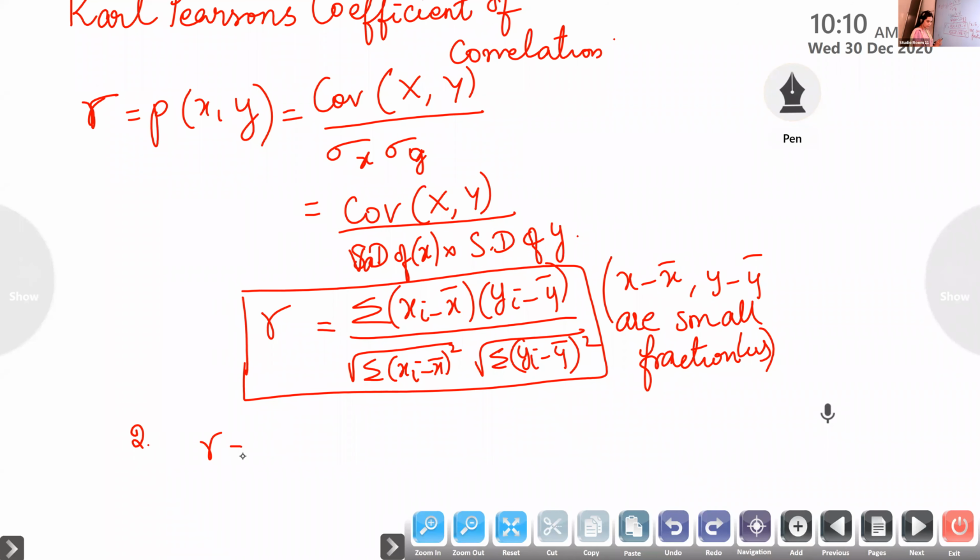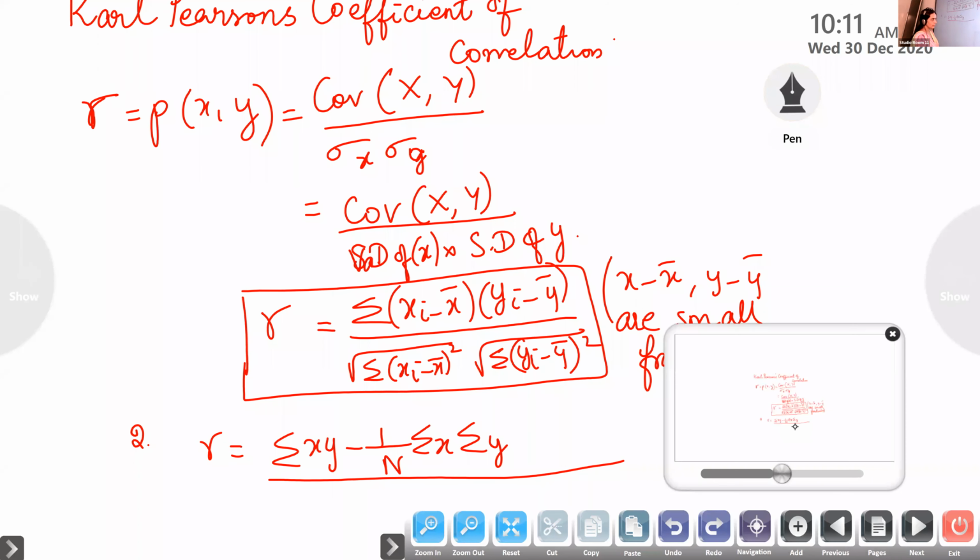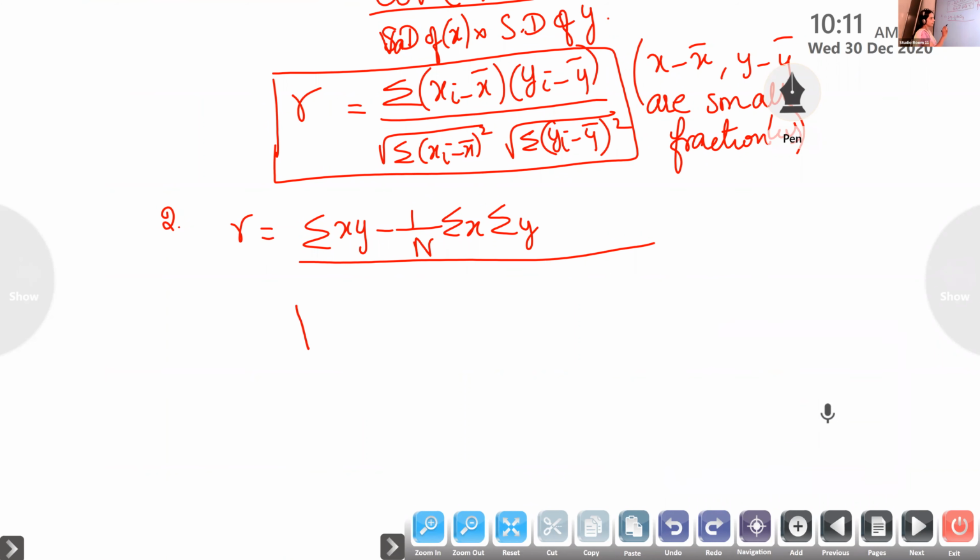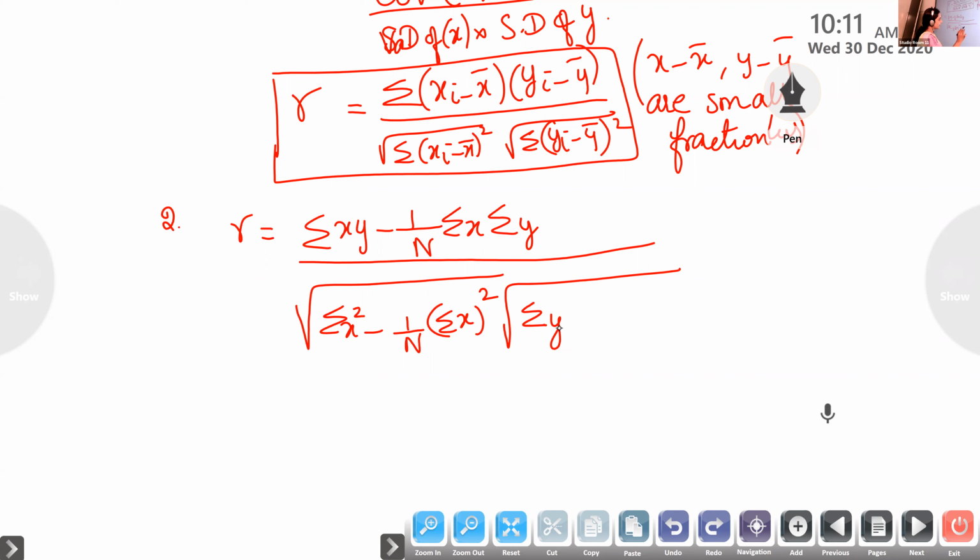It is given by r is equal to sigma xy minus 1 by n into sigma x sigma y, by root of sigma x square minus 1 by n into sigma x the whole square, into root of sigma y square minus 1 by n into sigma y the whole square. When x and y are small, we can use the second formula.